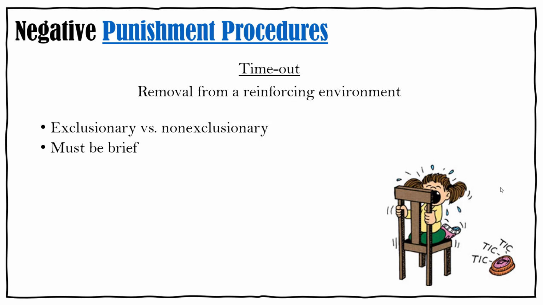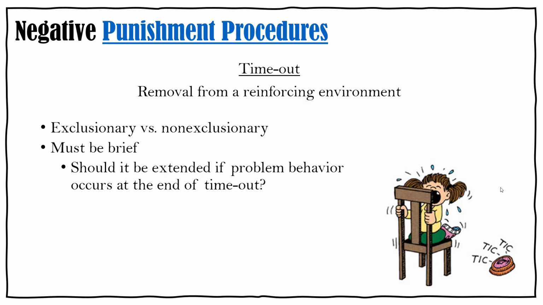And if at the end of that 3 minutes or however long the learner is in timeout, the problem behavior is occurring, then you want to extend the time, but you're not going to give them another 3 minutes. You might cut it in half, or give them another 30 seconds. You just don't want to get them out of timeout if they're engaging in the challenging behavior.